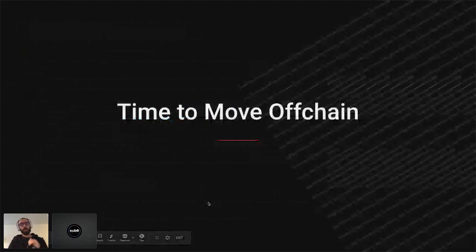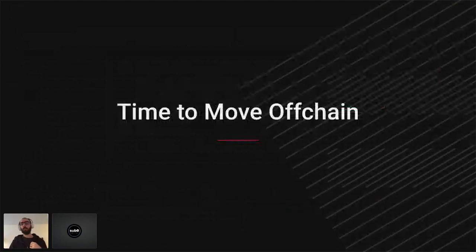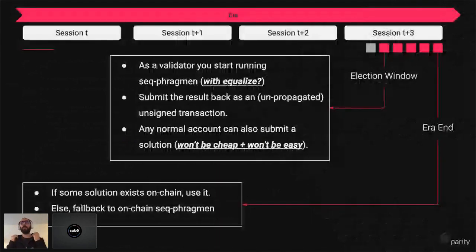And how does the off-chain model of Phragmen work, and how does it improve everything? This was also briefly mentioned earlier today in the off-chain worker talk. We have the entire era, which is divided into a number of sessions. The way that off-chain Phragmen works is that a certain number of blocks before the end of the era, something happens, like an event is triggered.